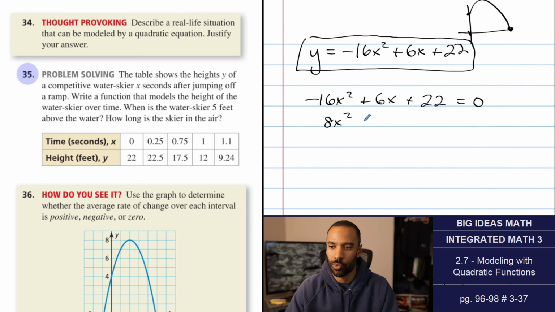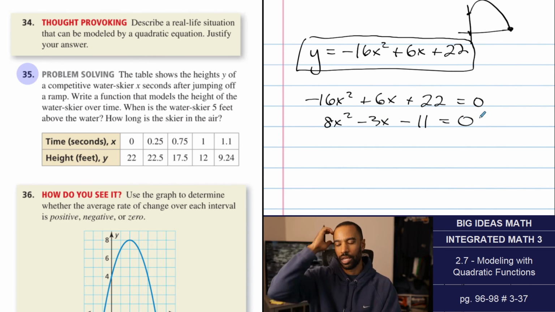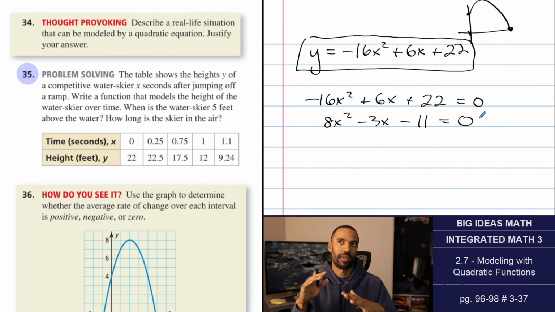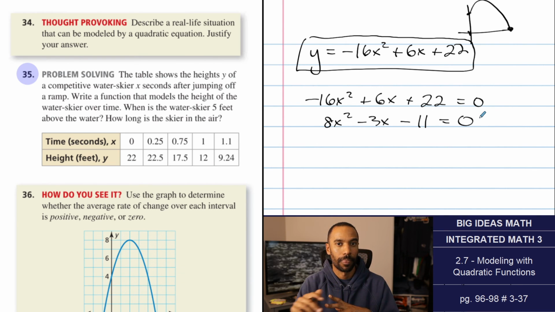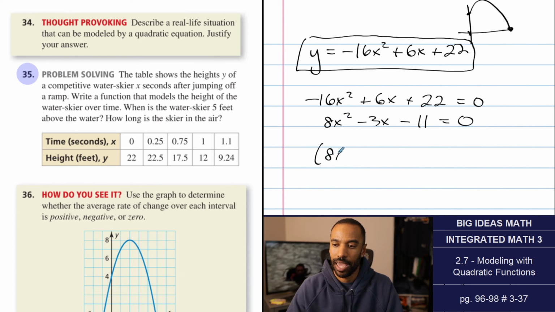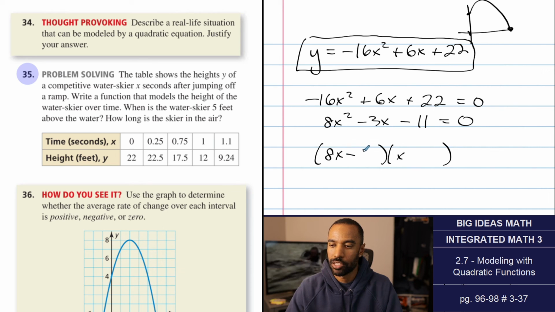I'll get 8x squared minus 3x minus 11 equals 0. Is that factorable? I always want to check in my head. This might be factorable. Hold on. 8x, x, minus 11 and plus 1?